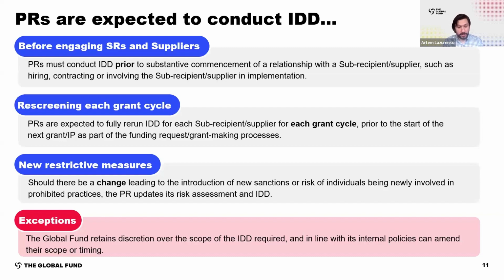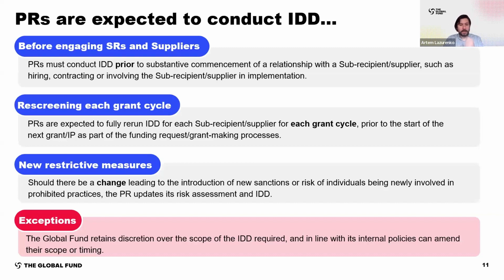And where significant changes to restrictive measures regimes take place, again, the screenings need to be updated, because the counterparty that you have previously screened and cleared could now, due to the evolution of the restrictive measures, be a screened counterparty. So we expect PRs to respond to significant changes in restrictive measures by updating their screenings.